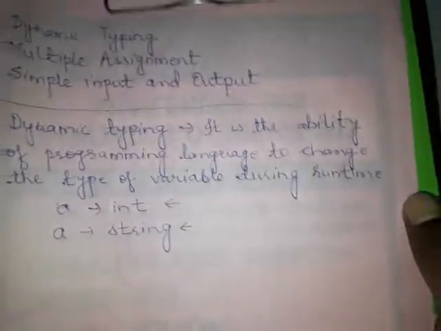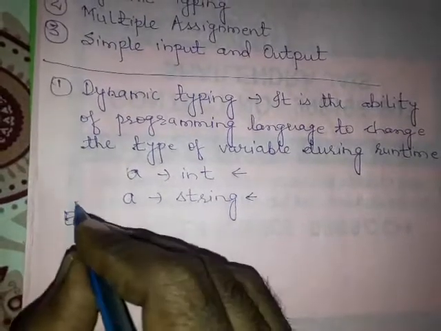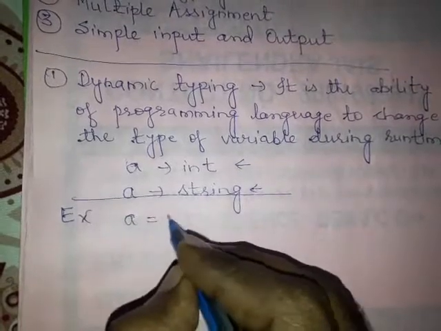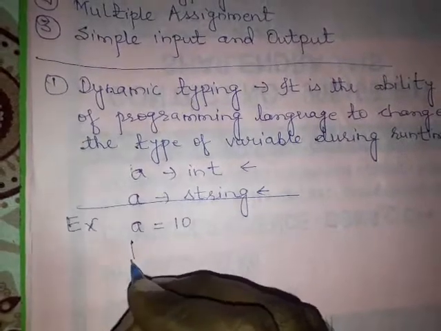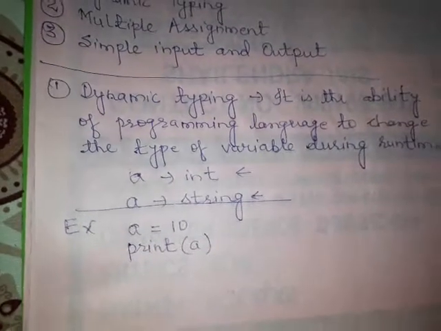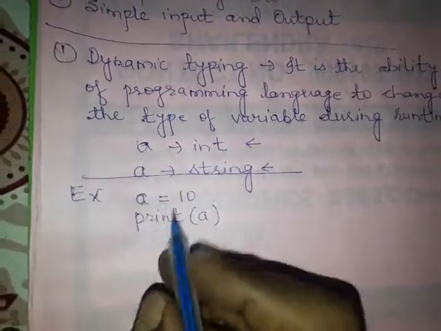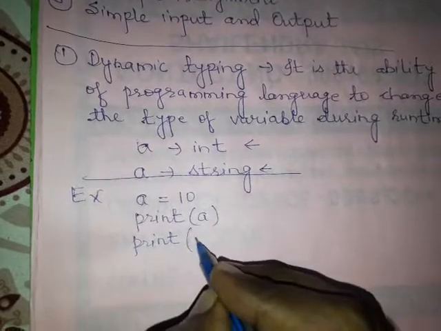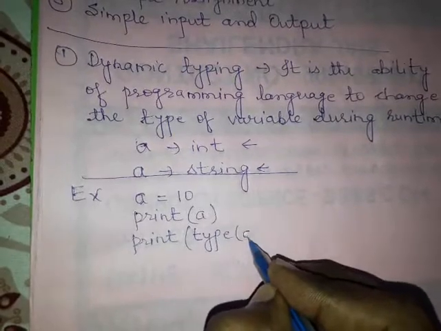Let us see it with the help of an example. Suppose a is equal to 10. Then I will print the value of a. To print the value of a, I simply write print a. Now if you want to see what type of value the variable a is holding, you again write print, then using a method known as type, and simply type the variable a between the brackets.